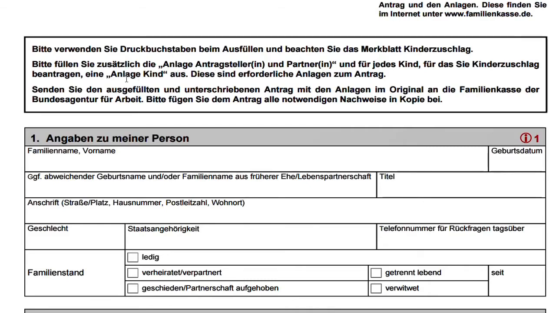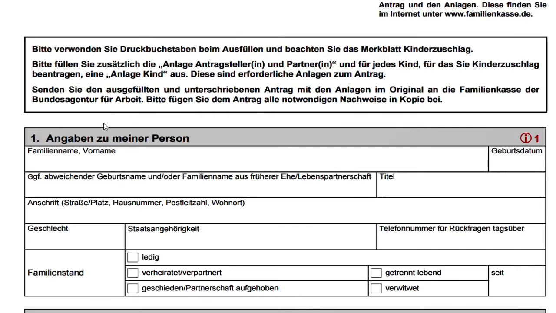After filling in and signing this form and its attachments, you should send them in original to the Familienkasse of the Federal Employment Agency or Bundesagentur für Arbeit. And please also attach copies of all necessary supporting documents to the application.